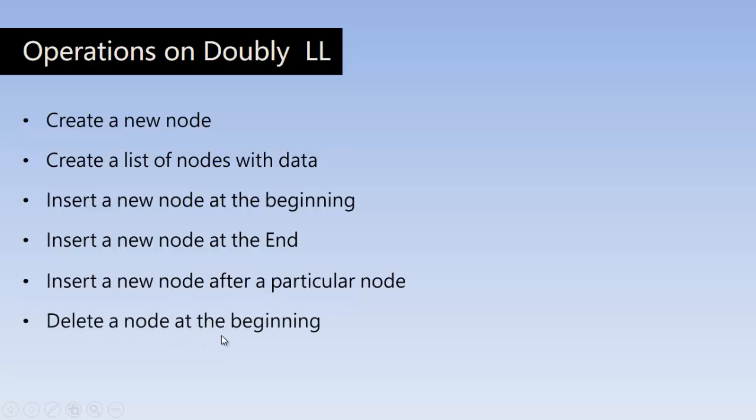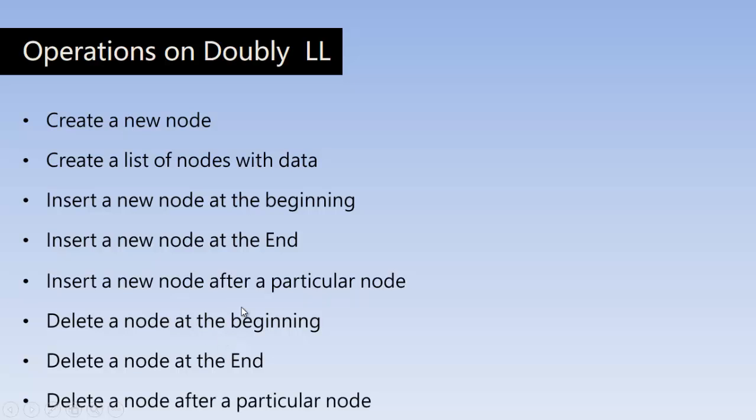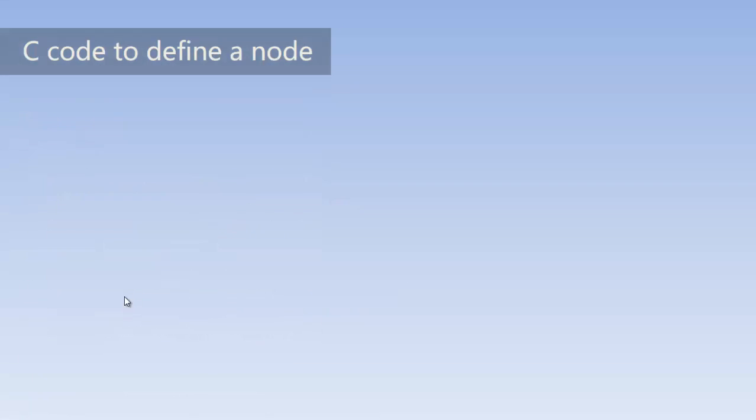We can delete a node at the beginning, delete a node at the end, or delete a node after any particular node, and we can also traverse through the doubly linked list. Let us understand each of these operations.